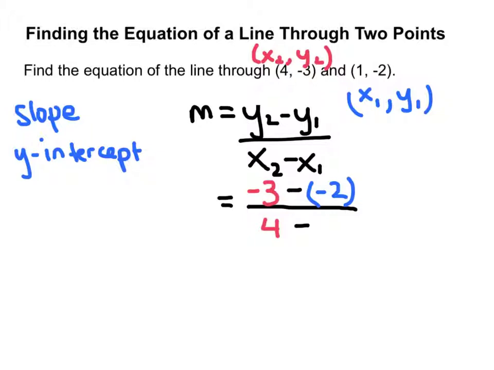And x1 is 1. So I'll calculate my slope. -3 minus a -2 is a -1, and 4 minus 1 is 3. So now I can label my slope as -1/3.